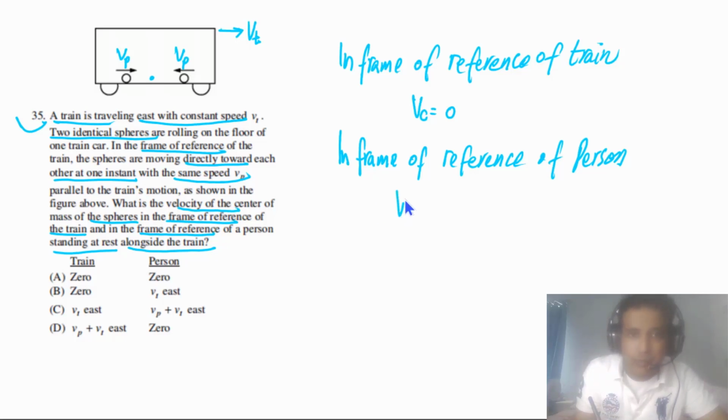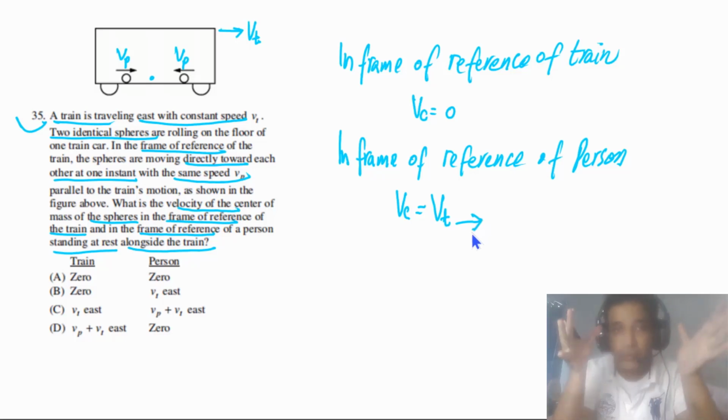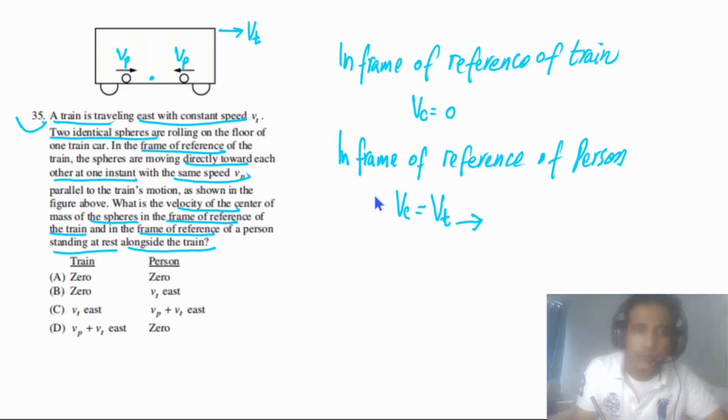The train is moving to the east, so it has to be equal to that.